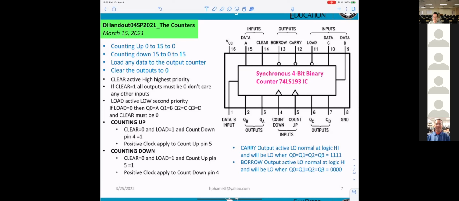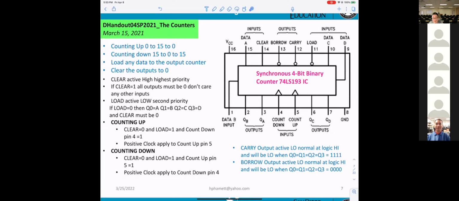For other counters like 161 and 163, those are binary, and 160 and 162 are BCD counters. When you know whether it is a binary or BCD counter, then you know the number it can count up to.